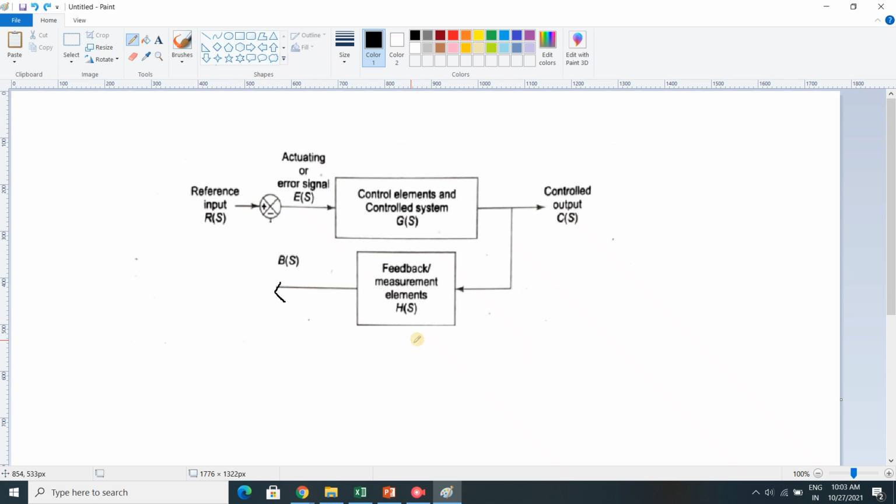But suppose I want to keep H(s) not as a feedback but as a second block. That means the feedback is not connected to the summation point, so it will not be treated as a feedback. Suppose you are using an electrical machine which is running and you are measuring current and voltage with an ammeter and voltmeter, the measurement unit.